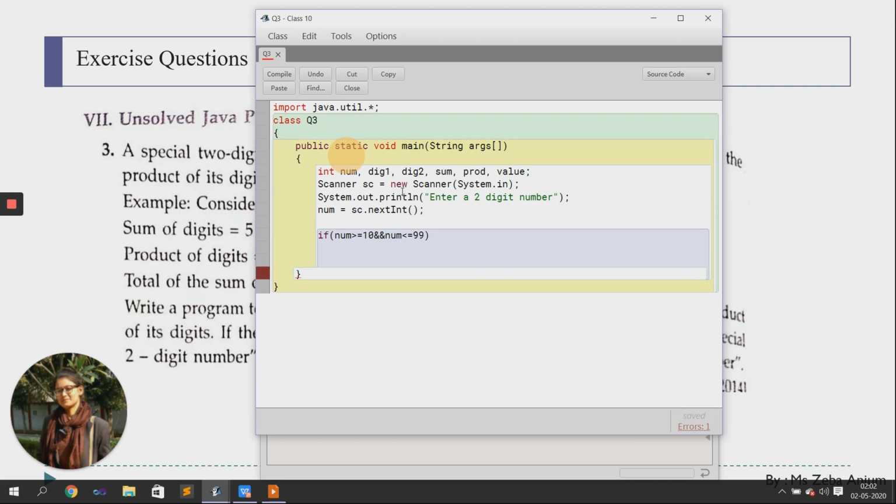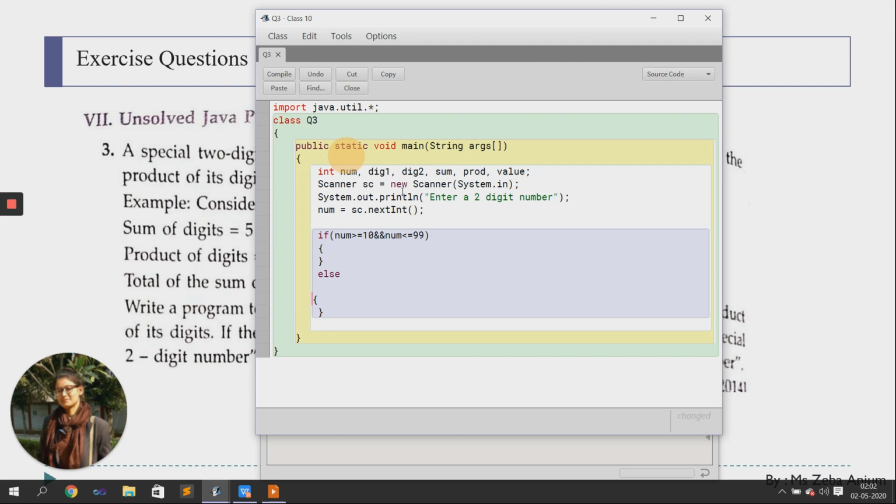Only if this condition holds, then we are going to calculate the sum and product and all the values. And if it is false, it means you have entered by mistake a single digit number, then you're going to give an output. So let us write over there.